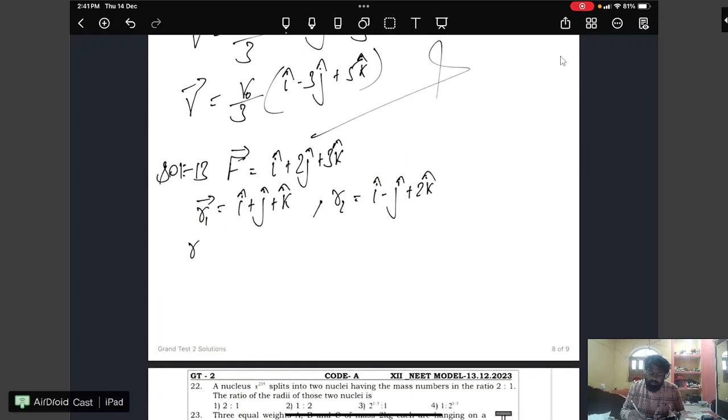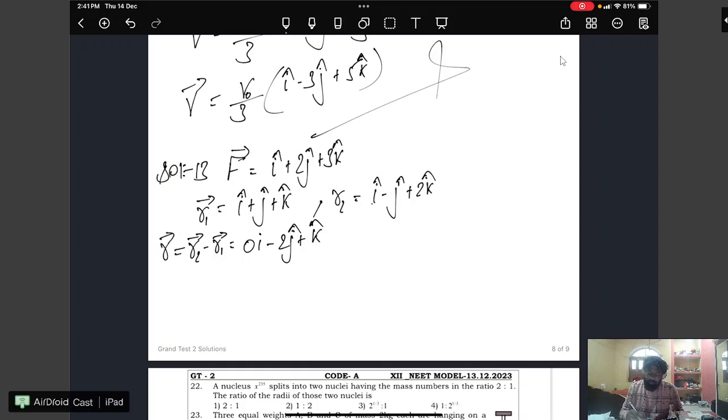R2 minus R1 vector: 1 minus 1 is 0 i cap, minus j minus j gives minus 2j cap, 2k minus k. That is the position vector R vector.